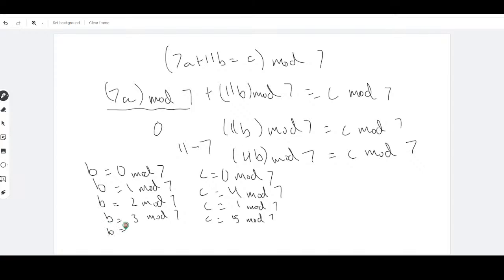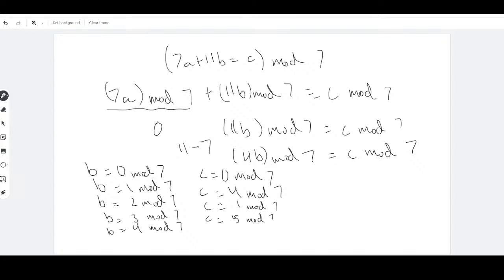Okay, so if B was 4 mod 7, then we would have 16 mod 7 on this side. And 16 mod 7 would just be 2 mod 7, right? Since 16 divided by 7 has a remainder of 2.